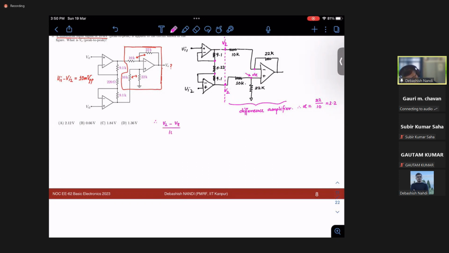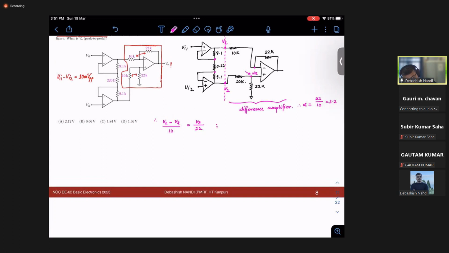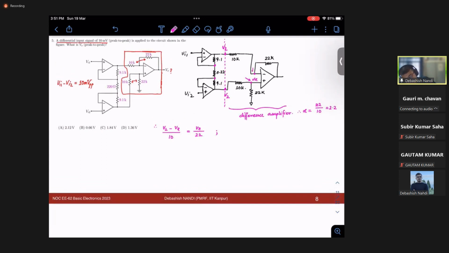And in the above node, KCL would be (V1 minus Vx) over 10 is equal to (Vx minus V0) by 22, right?